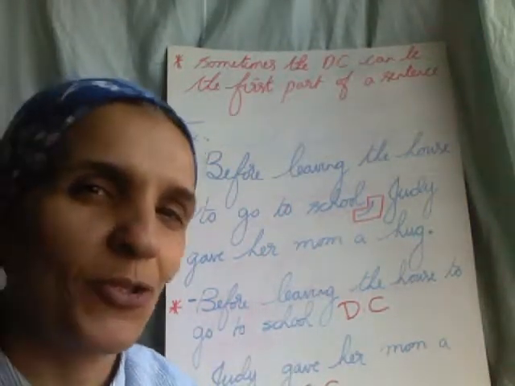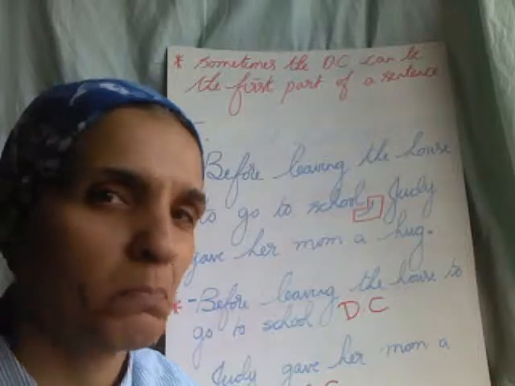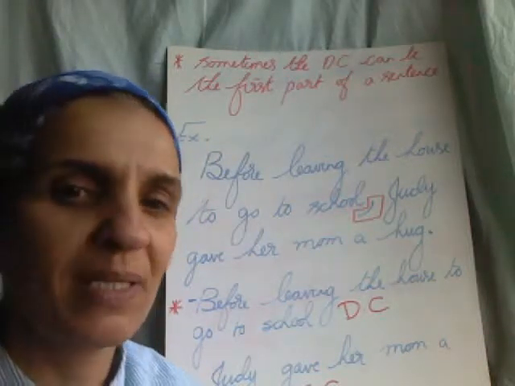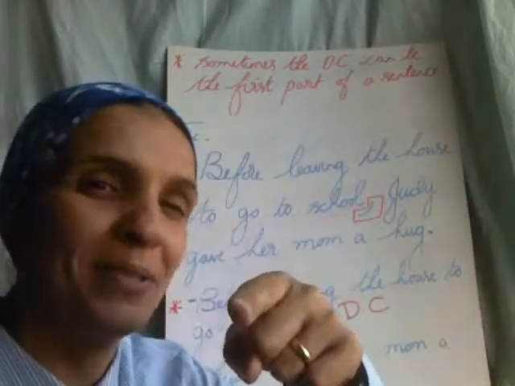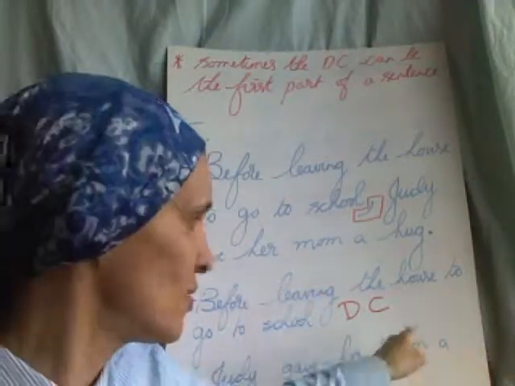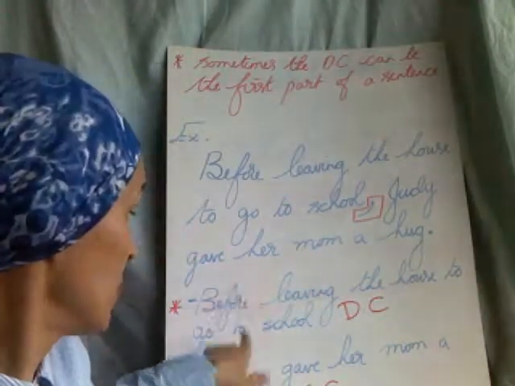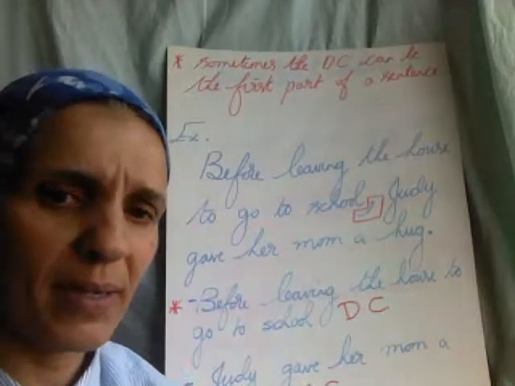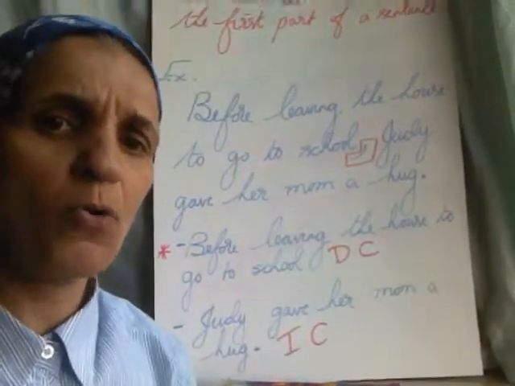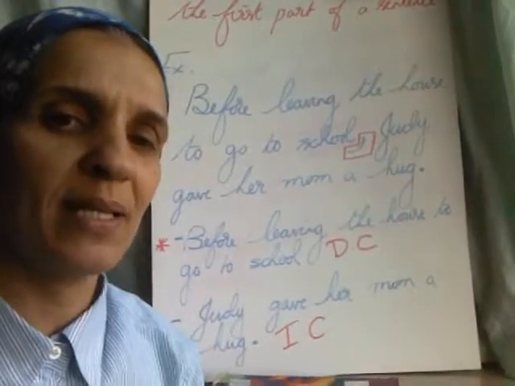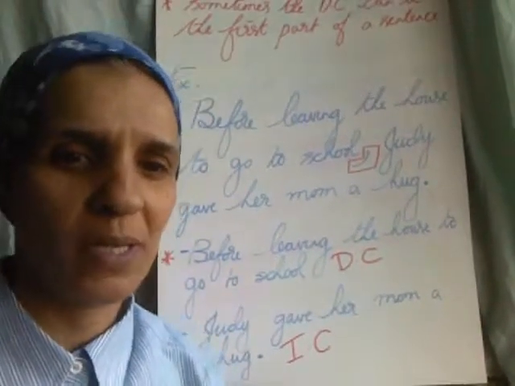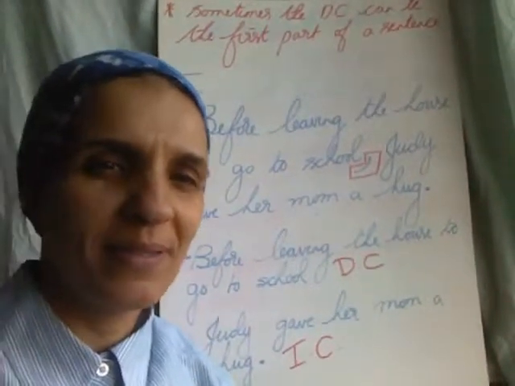Does that make sense to you? Is that a complete idea? No, that means that's you. You can't stand alone. That's your dependent clause. Okay, and then Judy gave her mom a hug. Can that stand alone? Oh yes, that's a complete idea. That's my independent clause.